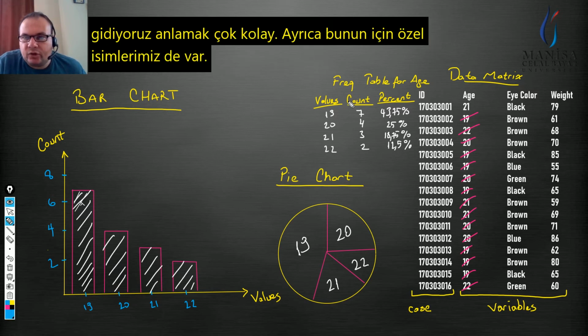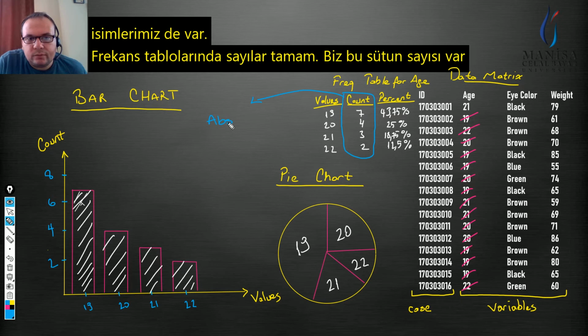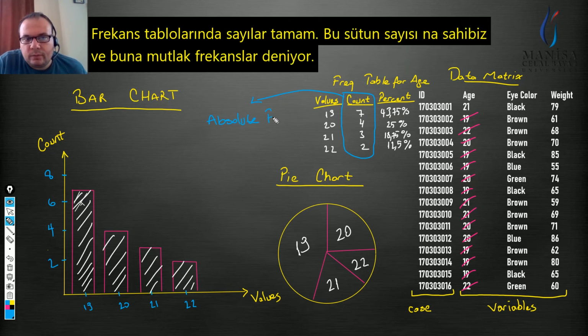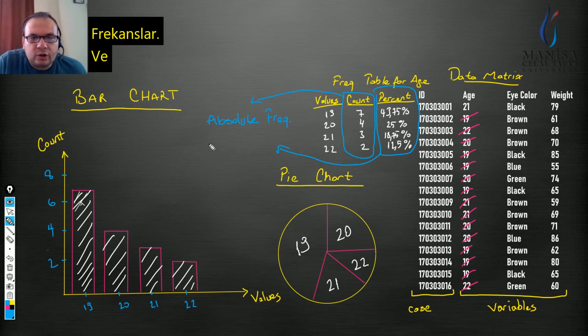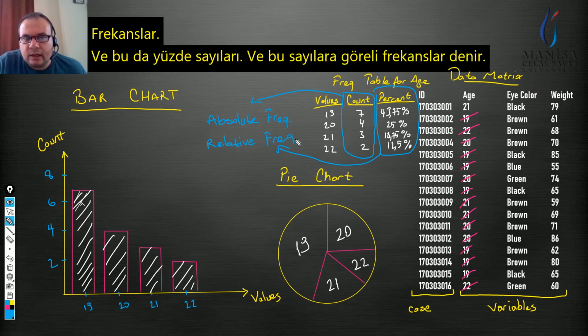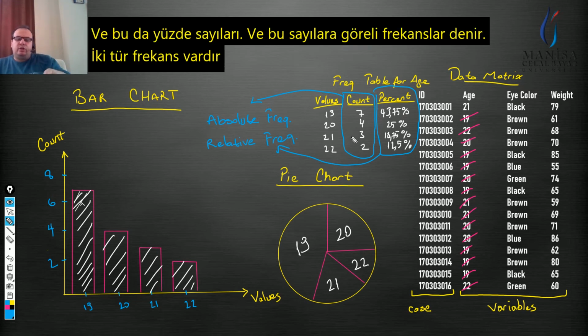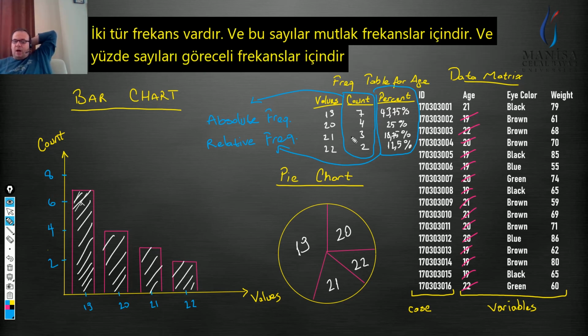In frequency tables we have this column, count, and it's called absolute frequencies, and these percentage numbers are called relative frequencies. These are the two types of frequencies.